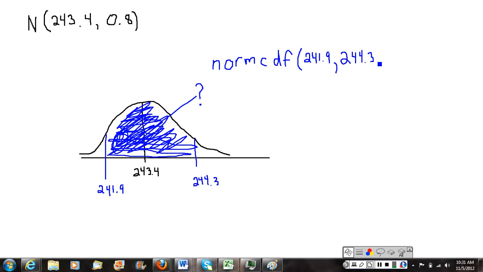And then we need to enter two more numbers. We need to enter the mean of the distribution, so that 243.4. And we need to enter the standard deviation, which is 0.8.